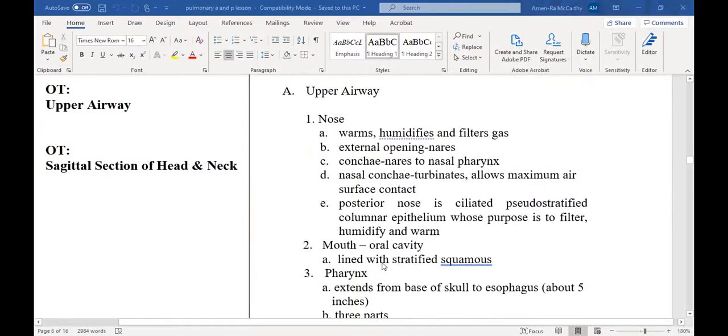The nose warms, humidifies, and filters the gas, right? The nose is responsible for warming, humidifying, and filtering gas. Now, when I say gas, I'm talking about oxygen and all the gases that we inhale.